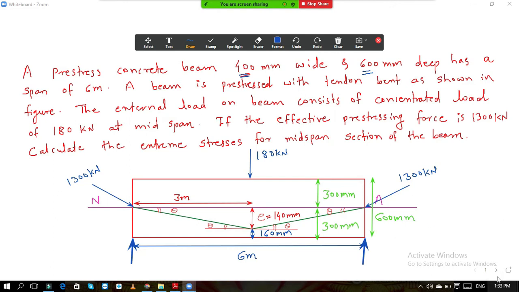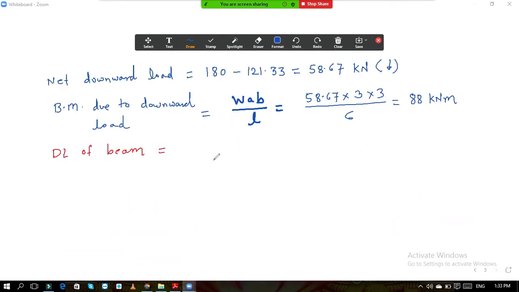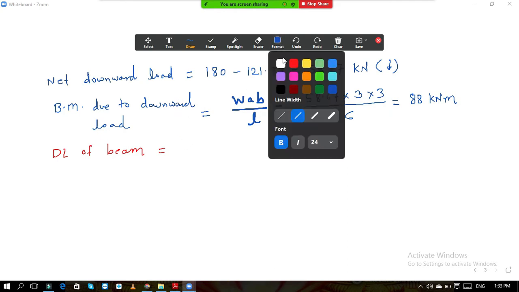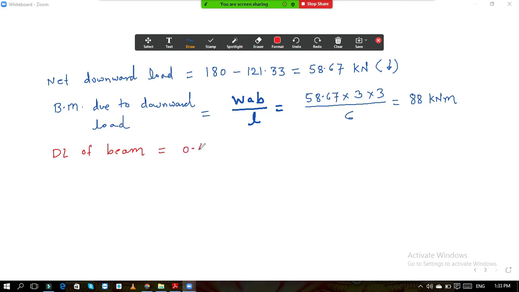Now we will calculate the weight. The weight of the beam is 0.4 into 0.6 into 25. So we will get the UDL, which is 6 kilonewton per meter.